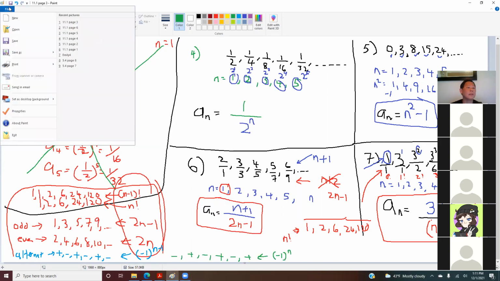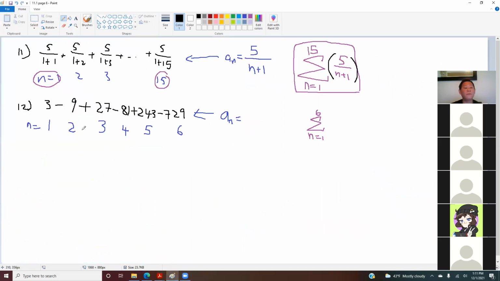Okay. So now we look back at this question number 12. Since this is plus, minus, plus, minus, plus, minus, this sequence will have -1 to the power of n minus 1. Now this is just for the sign only.